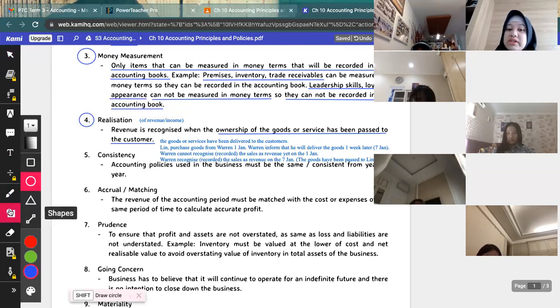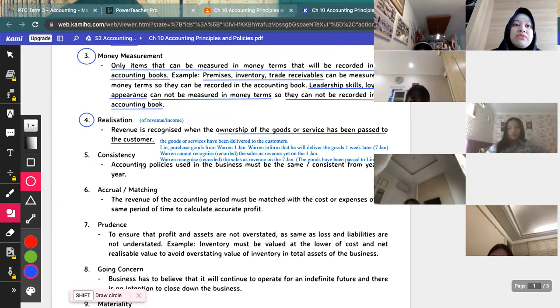Any question? Is that clear? Because after this, we will study income that we receive in advance but recognize later, in chapter 11. This will connect to chapter 11.